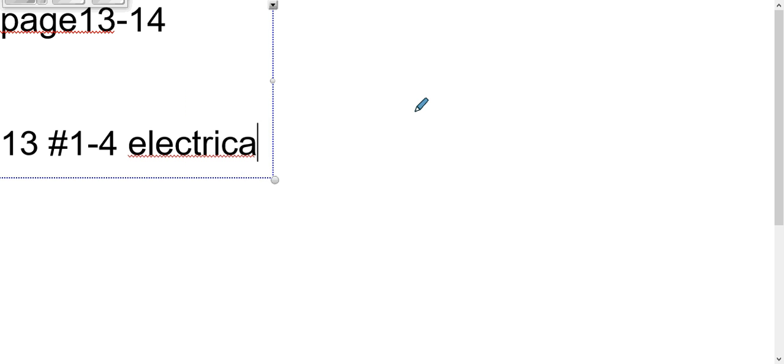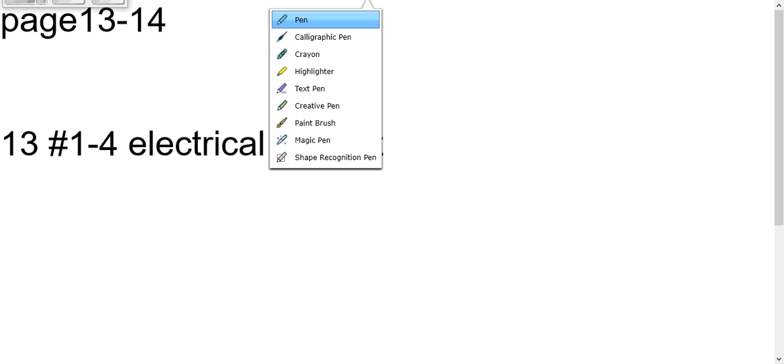Those are on the first bit, that electrical current. So you're just going to use that first formula we used for 13, 1 to 4. That's I is equal to Q over T, and whatever formulas that you can get from there.